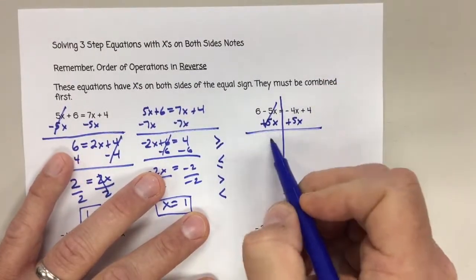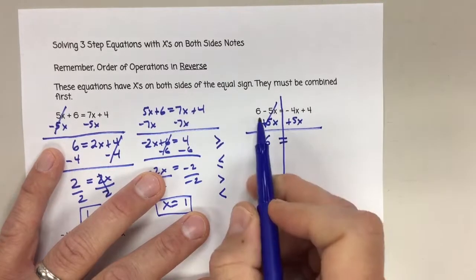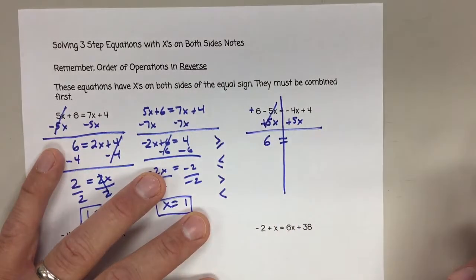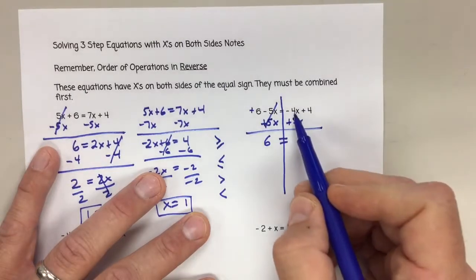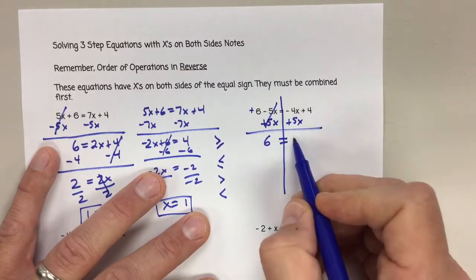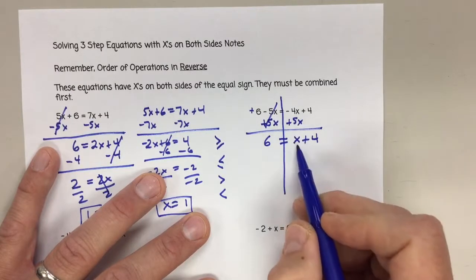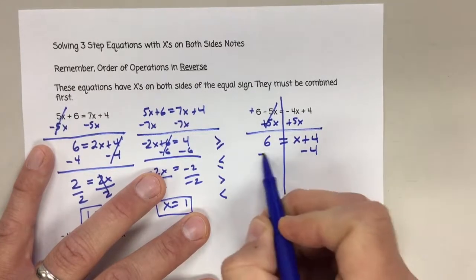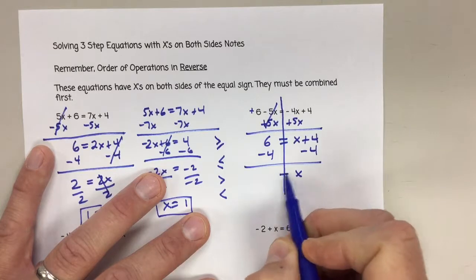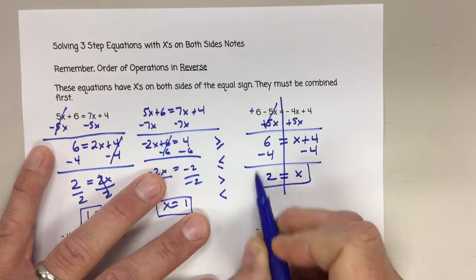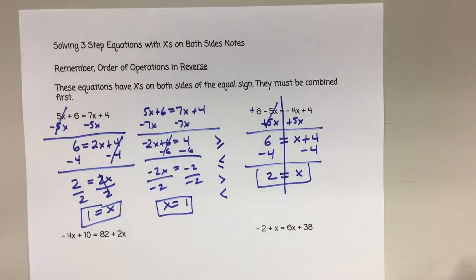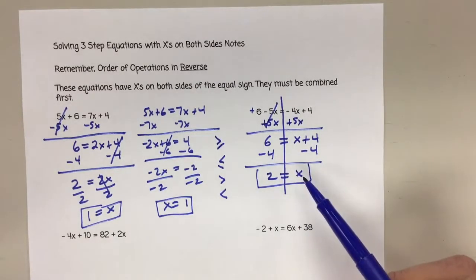Those two cancel, leaves me with a 6, which is positive, remember, because anything without a symbol is positive. Negative 4x plus 5x is just 1x. And it's okay to leave that 1 off, just call it x. Then I would subtract 4 from both sides. I get x is 2. And again, moving the smaller of the two x's just keeps things positive.